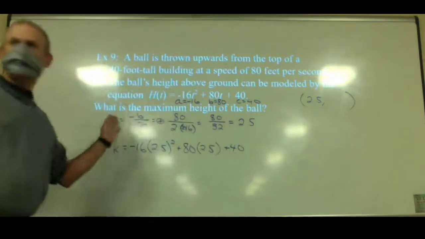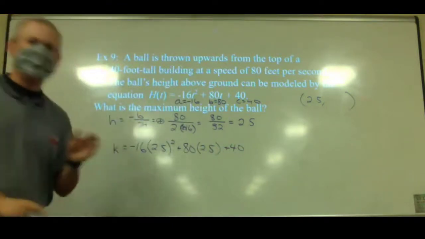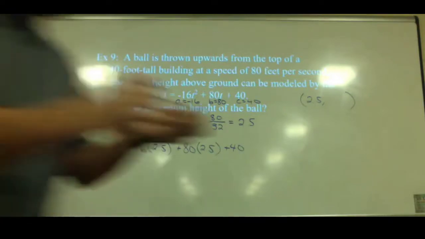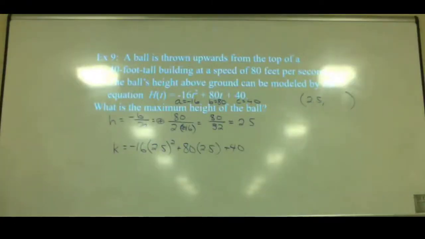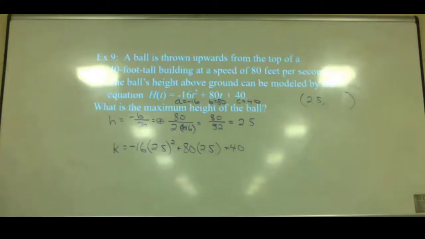If you've got a calculator that looks like this, or some other ones, you'll just be able to type this all in at one time and get an answer. If you've got one back there, you probably want to do it one piece at a time.